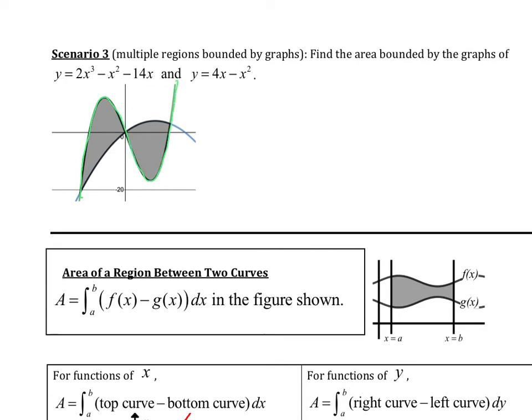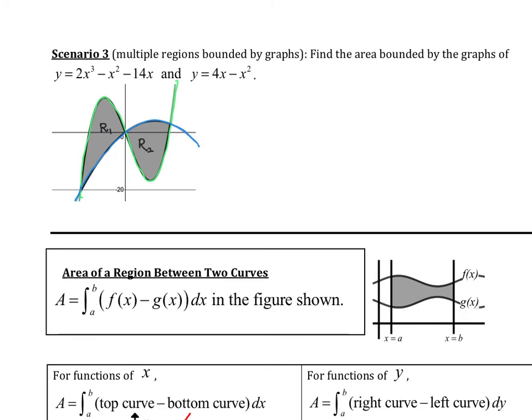So we'll sketch that in green, and then we'll sketch this one in blue. Okay, this kind of has a combination of the last scenario that we looked at, as well as one other piece. Okay, let's call this region 1 and this region 2.